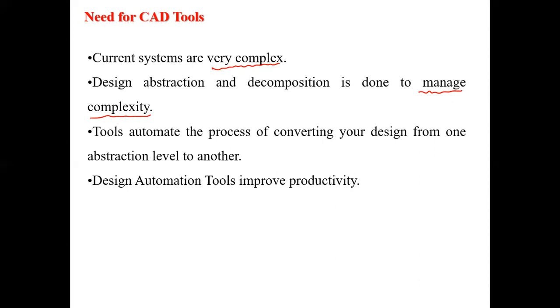Now, with automation tools, that type of productivity improves. So these are the four major points. Just remember these four points: why we need CAD tools. This is very important for your exam also.